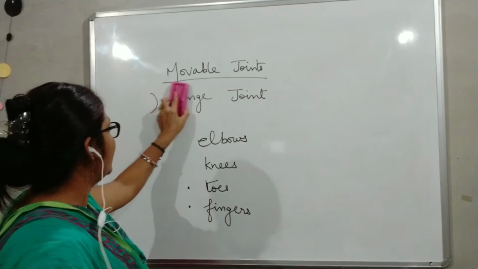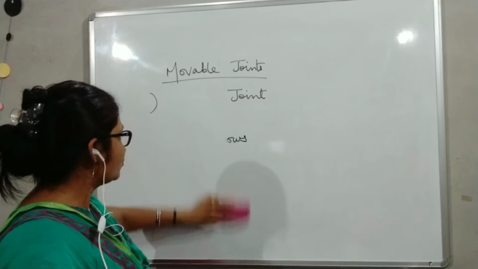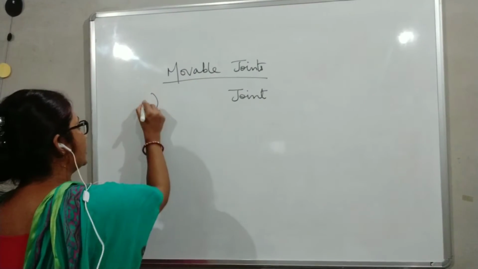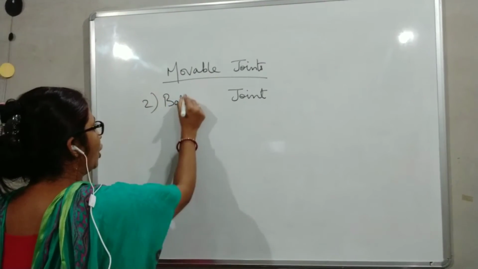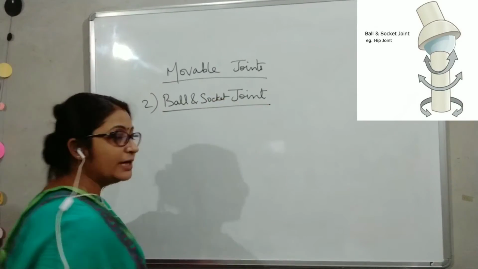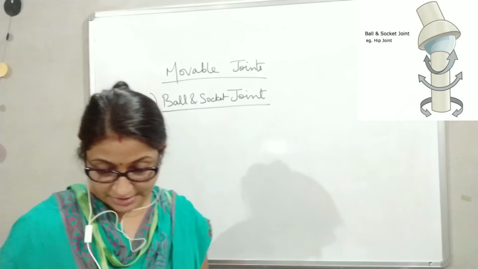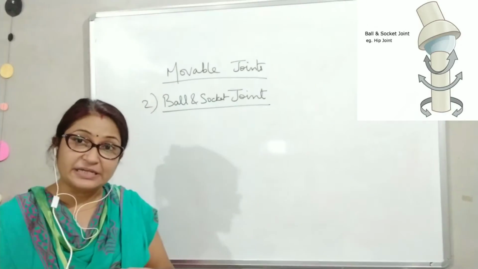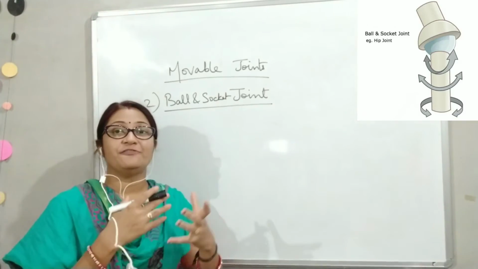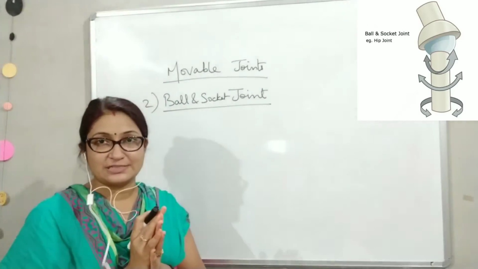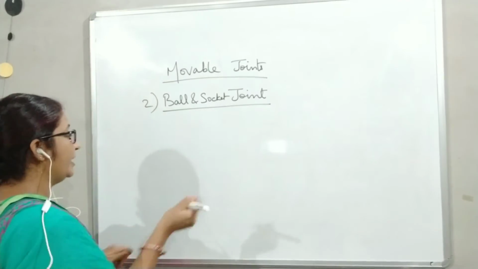Moving on to the next one, the second is the ball and socket joint. As the name suggests, movement of the part is possible in all directions.